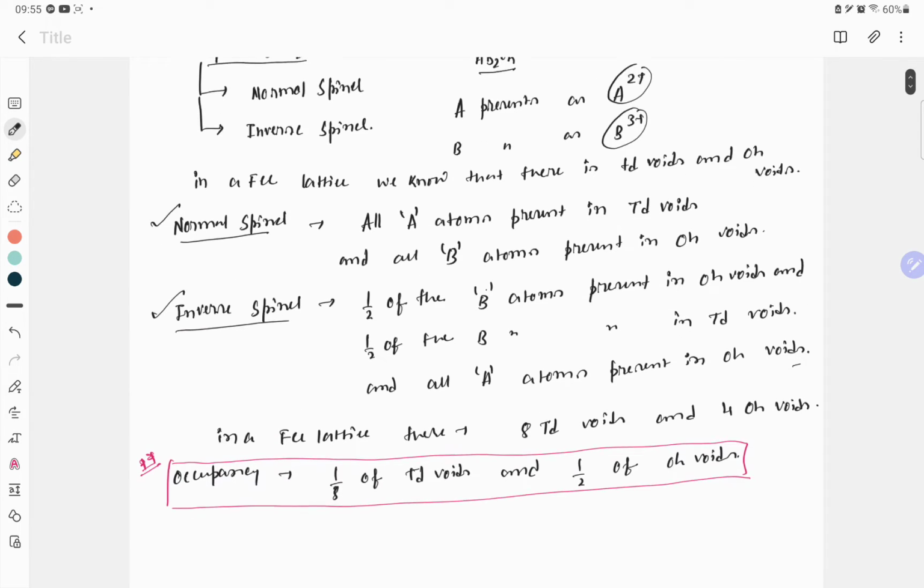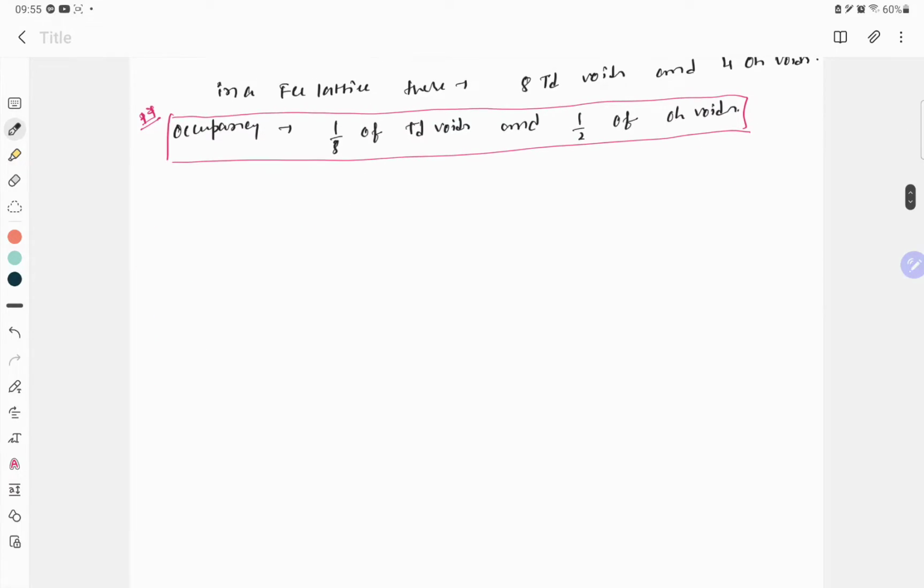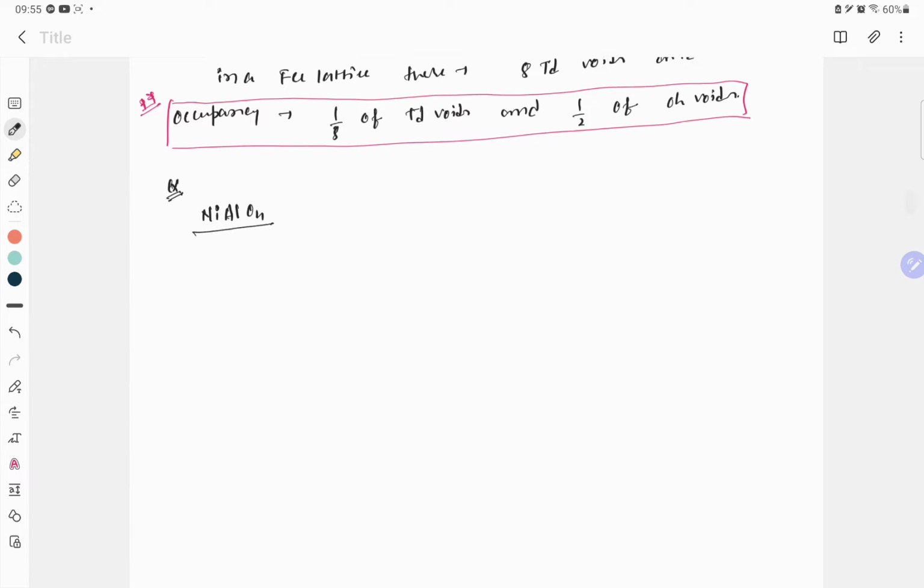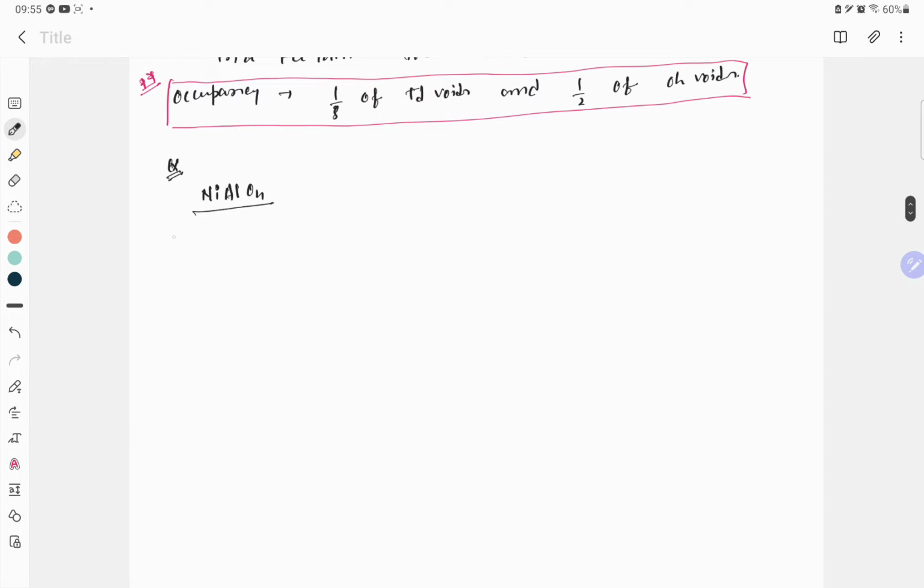Now we'll start with an example. NiAl2O4, that is Ni2+ and Al3+.